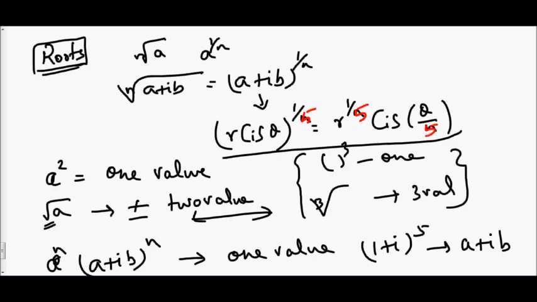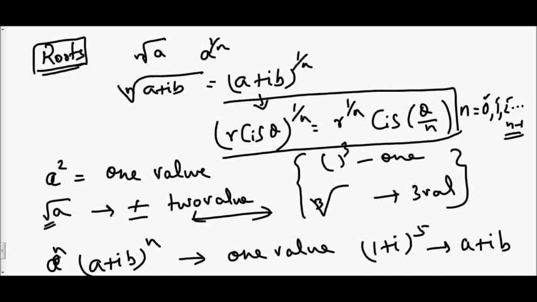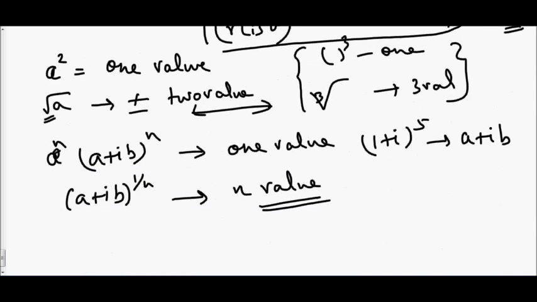No, this is wrong. So it should be theta plus 2n pi, and in there n should take the values 0, 1, 2, 3 up to n minus 1. That means you are having n values from this equation. You will see how this is applied.